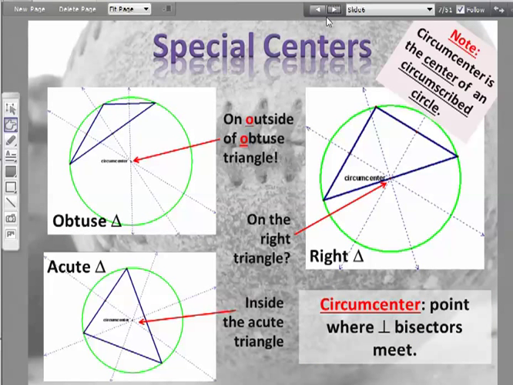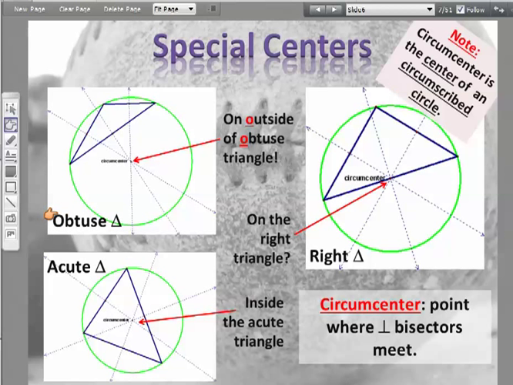Now with your circumcenters, it's a little bit different. Your circumcenter is the point where the perpendicular bisectors meet. And here's a little memory tool. It says circumcenter is the center of a circumscribed circle. Okay, so now when you have different types of triangles, your circumcenter is going to be at different spots.